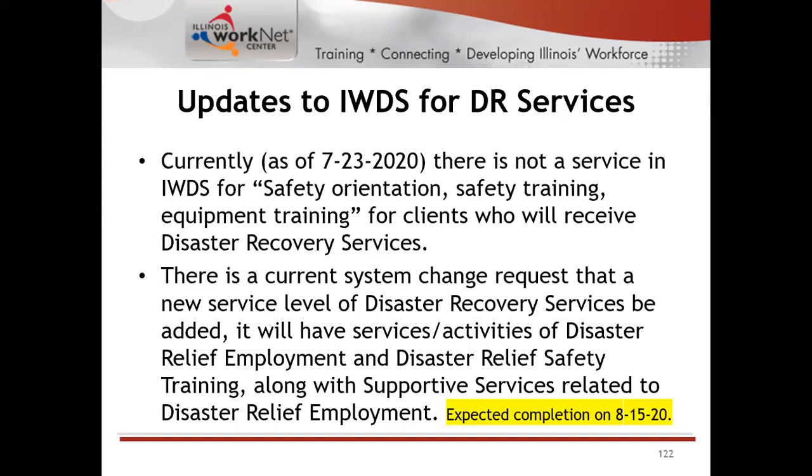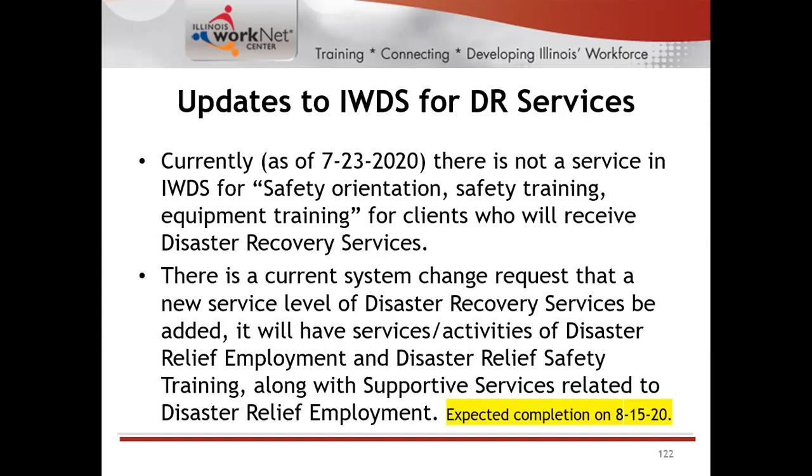Right now you have no choice but to put the disaster relief employment under career services, because that's how it is in IWDS. We'll make an automated switch when we transfer over to disaster recovery services, so your disaster relief employment will get switched over, and then that's where you'll find the new safety training and the disaster relief supportive services.